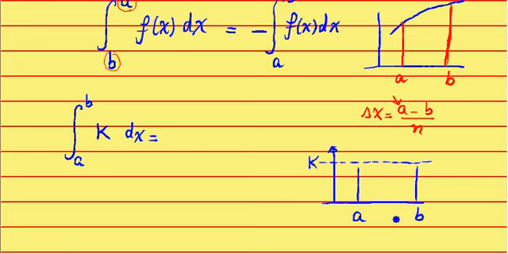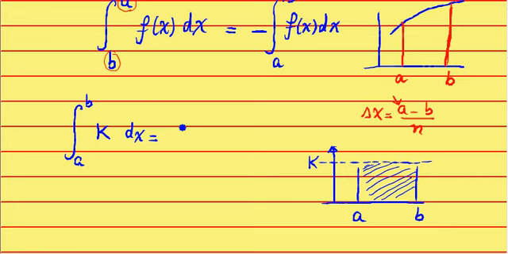Well, let's go back to our very original definition. We were attempting to calculate the area limited by the two walls and the function. That area is easy to calculate. Can you quickly tell me what the area is? Well, you calculate the base, which is b minus a, times the height, which is k.